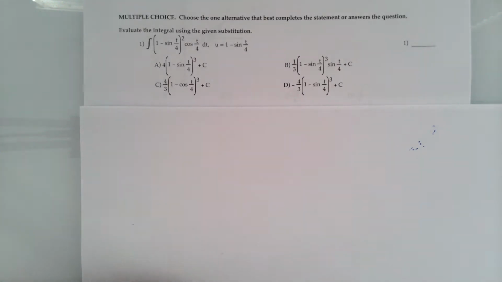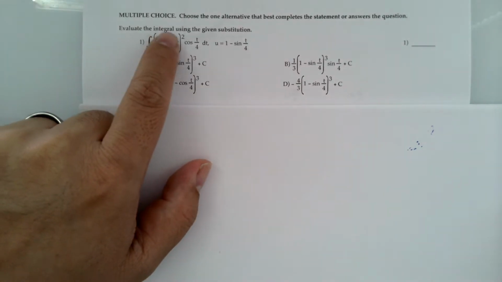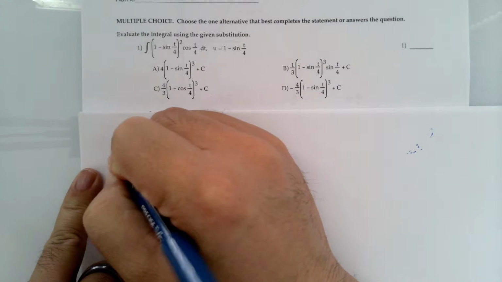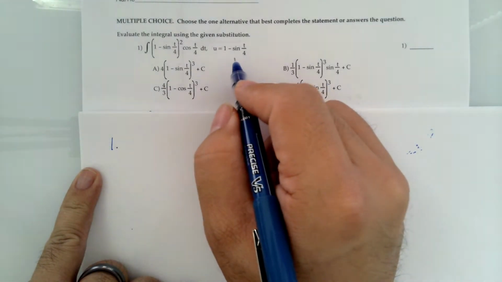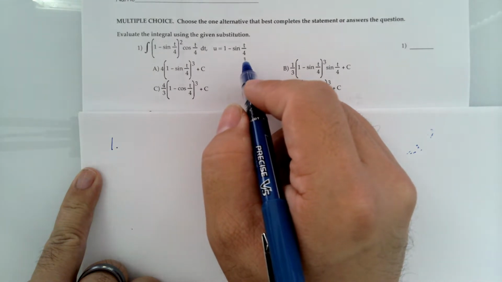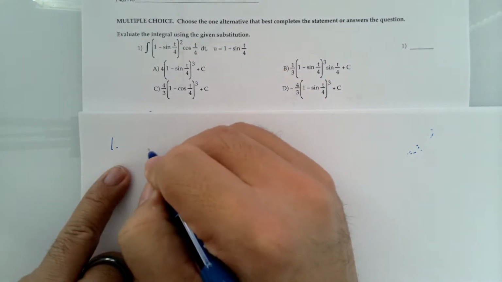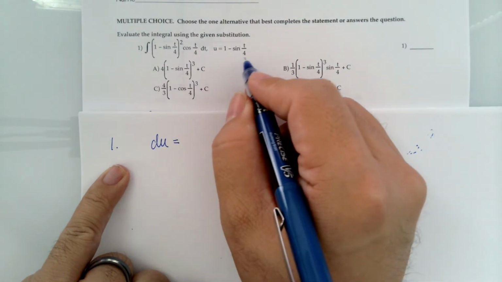Okay, so let's look at the first problem and evaluate the integral using the given substitutions here. So that's number one. If our u equals 1 minus sine of t over 4, then remember that du is going to become the derivative of this part with respect to t.